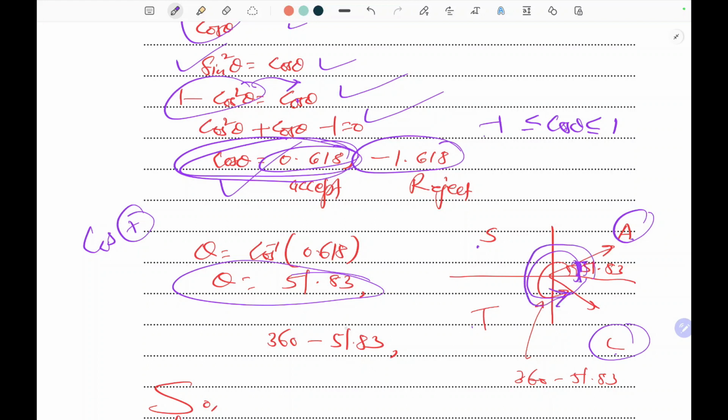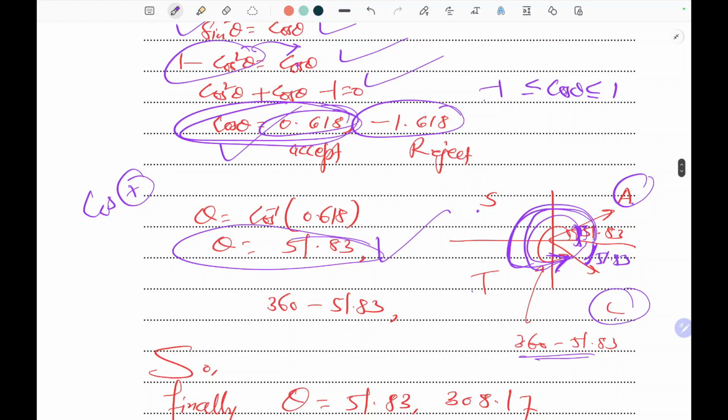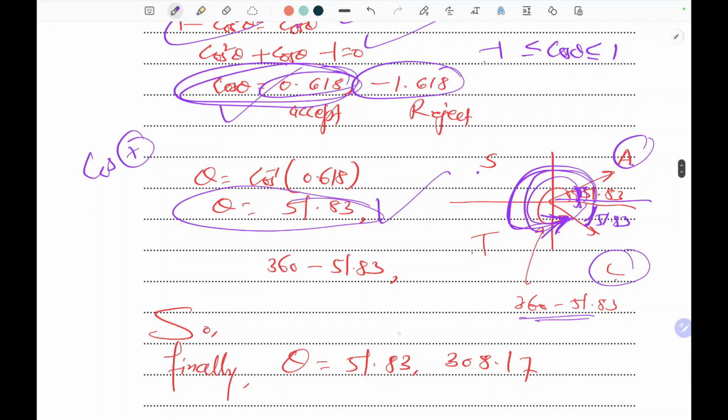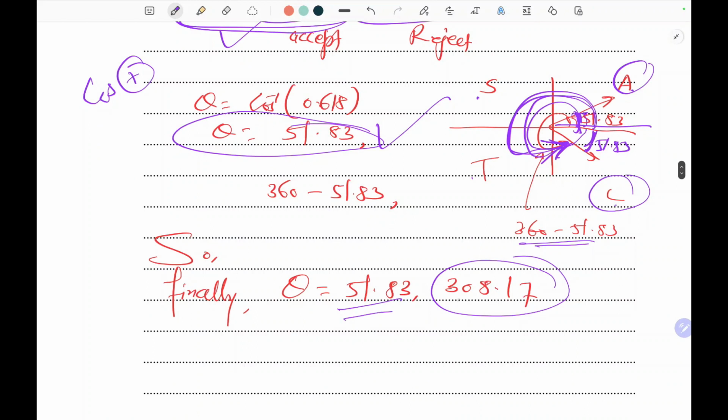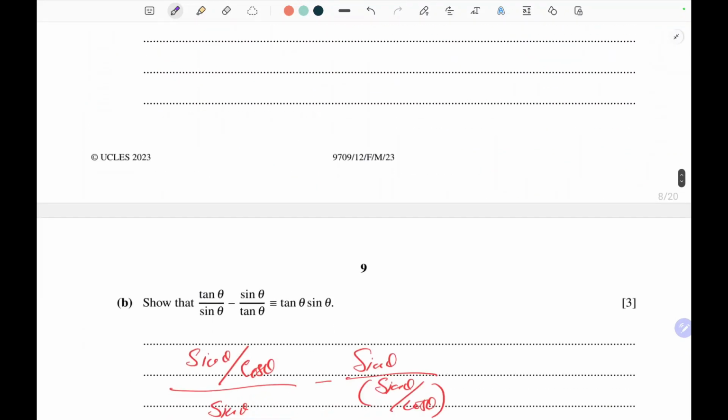This is 51.83 which we found, but from here to here it is 360 minus 51.83, because magnitude wise this is also 51.83, but we have to measure from the positive direction of the x-axis anticlockwise, which is 360 minus 51.83, which is 308.17. So these two are the possible angles.